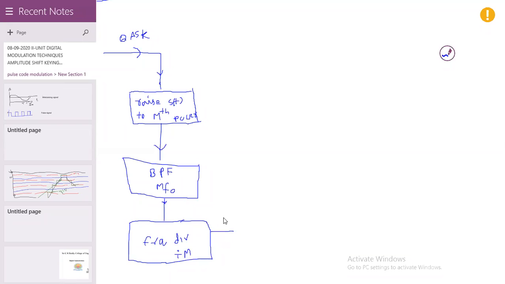Then you will get cos omega naught t and sin omega naught t. Then the signals are given to the synchronous demodulator.